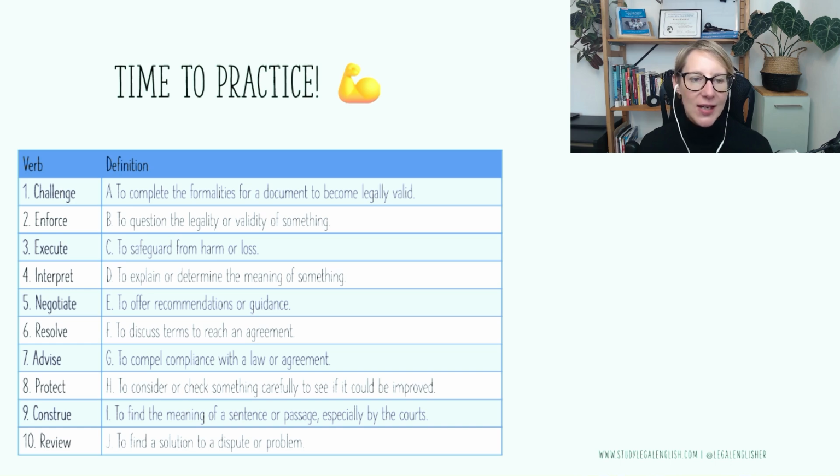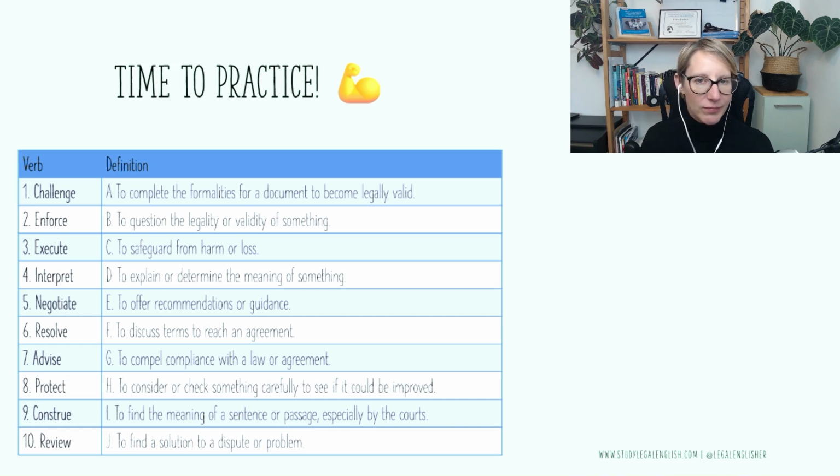You can see on the screen here, you've got the verbs on the left, you've got definitions on the right, and the definitions are mixed up. They are not in the correct order. So I'm going to give you a little bit of time to do this exercise. You might want to pause the video, okay? And then we're going to go through the answers together.